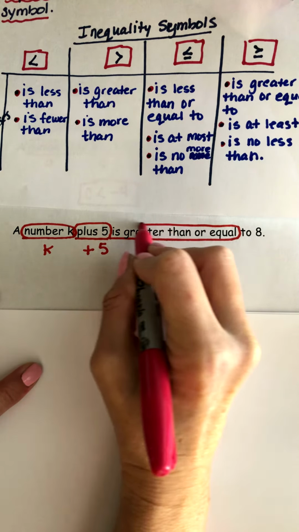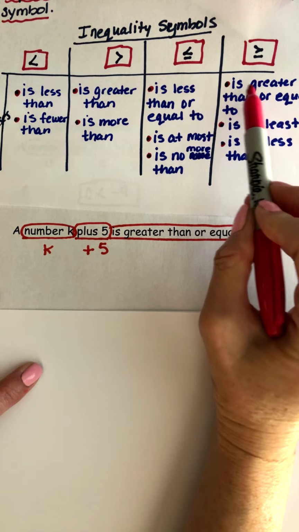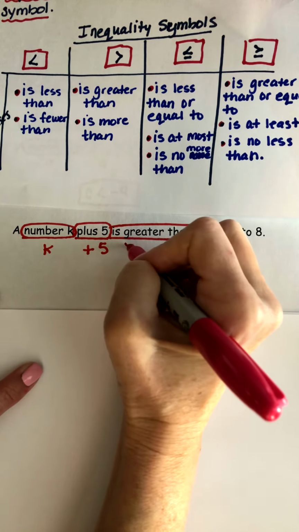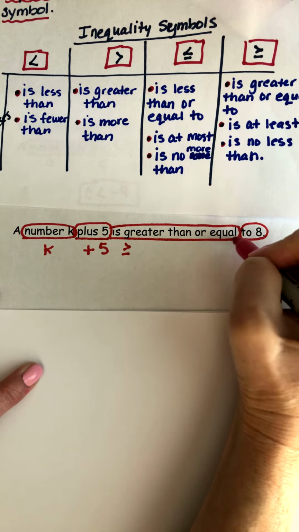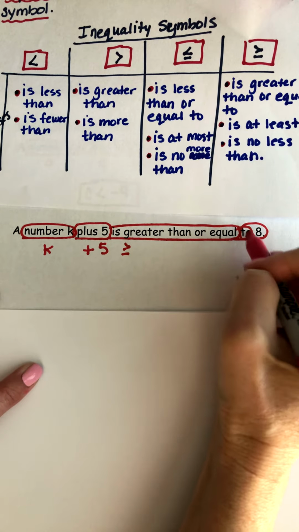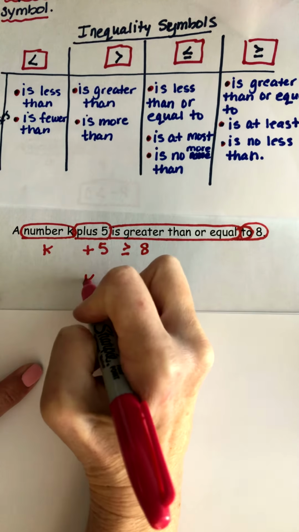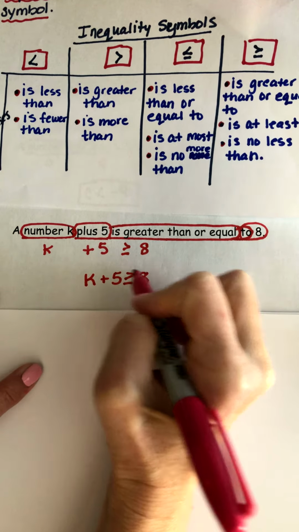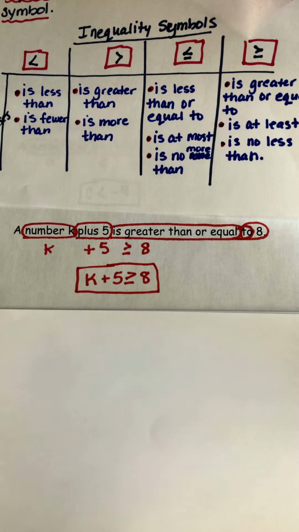Greater than or equal to is right here, so we're going to use the greater than or equal to symbol, 8. So it's k plus 5 is greater than or equal to 8. That is your answer. We're just writing the math sentence.